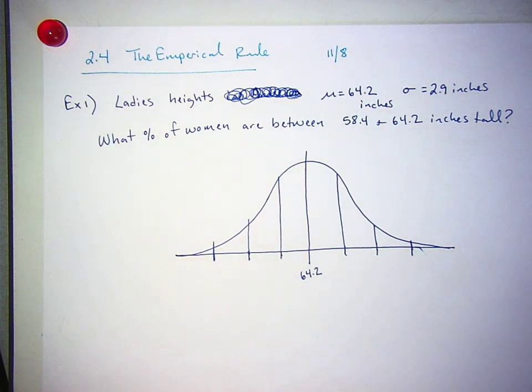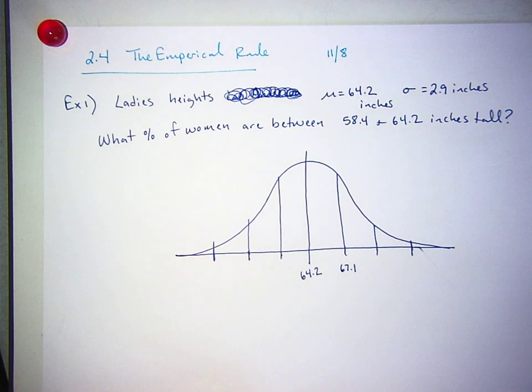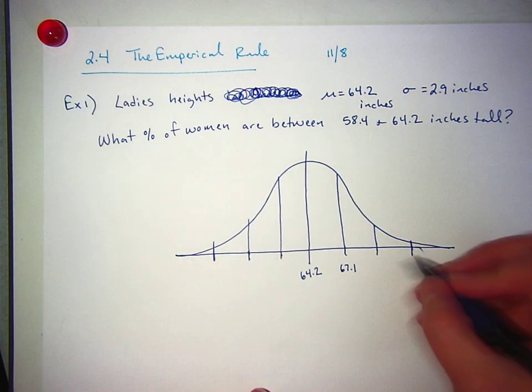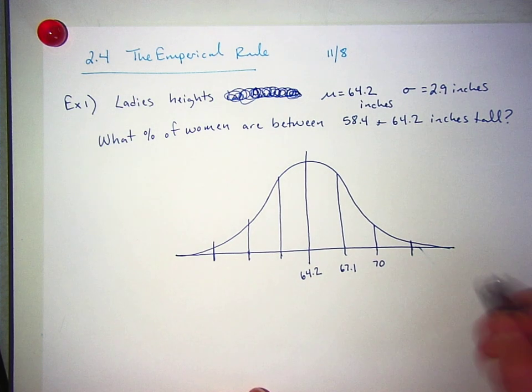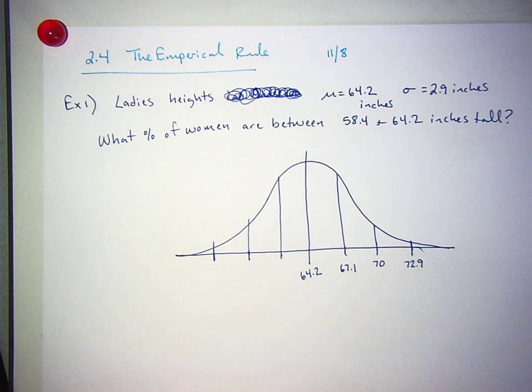64.2 plus 2.9 is 67.1, plus another 2.9 is 70, plus another 2.9 is 72.9. Who's our tallest lady in here? How tall are you, Jessica? 5'6".